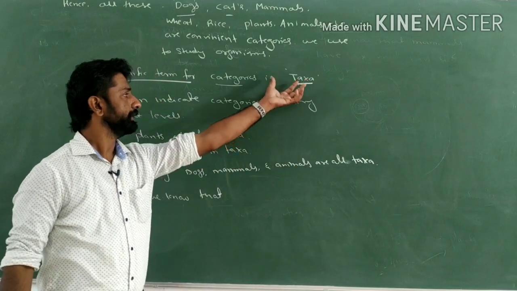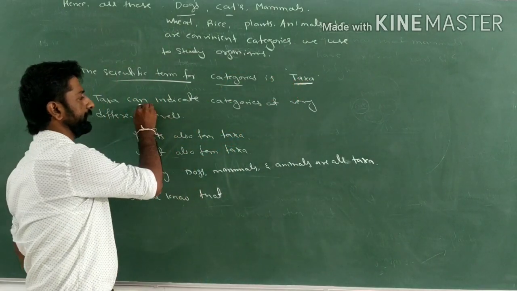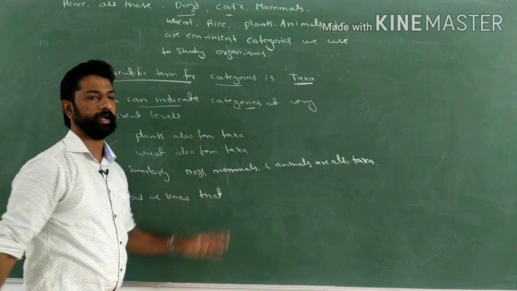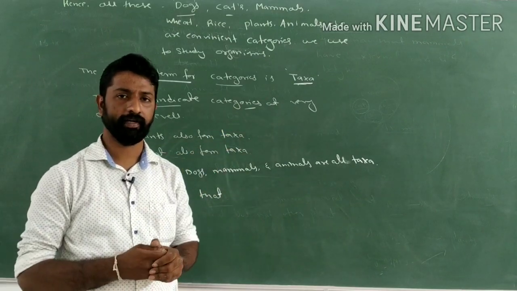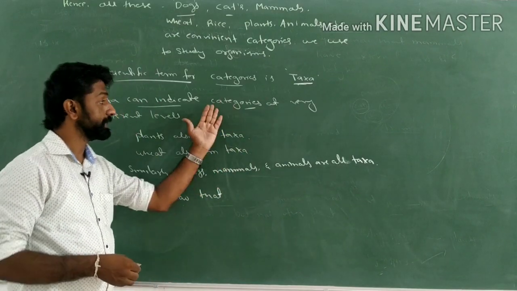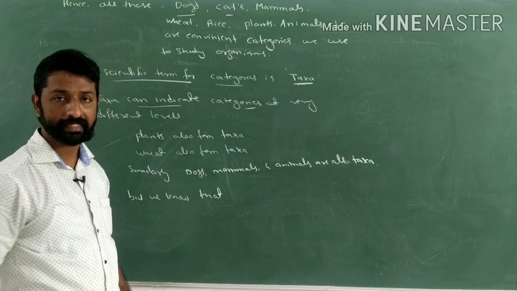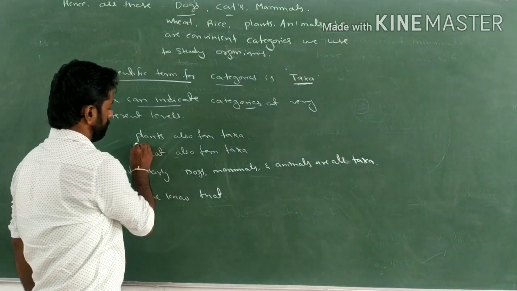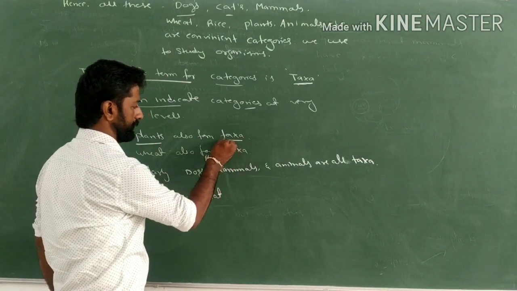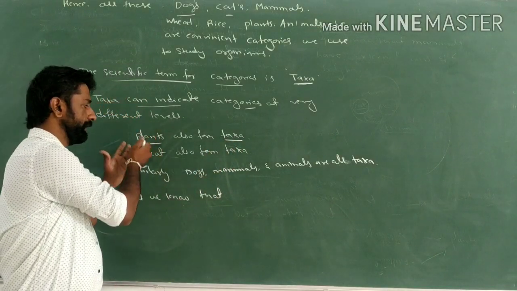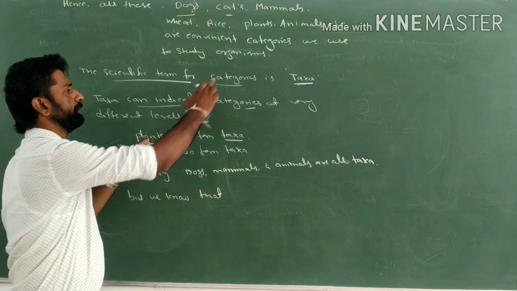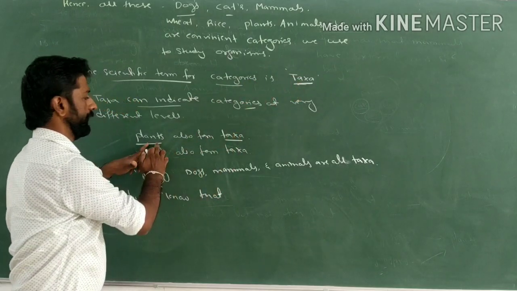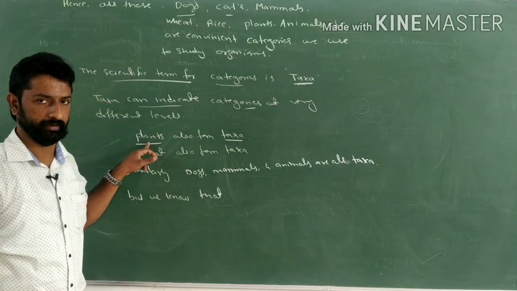And this taxa can indicate categories at very different levels. Let us understand this statement with the help of examples. See, plants is a taxon. Means plants is a convenient category. And we know that category means taxon. So plants is a taxon here.